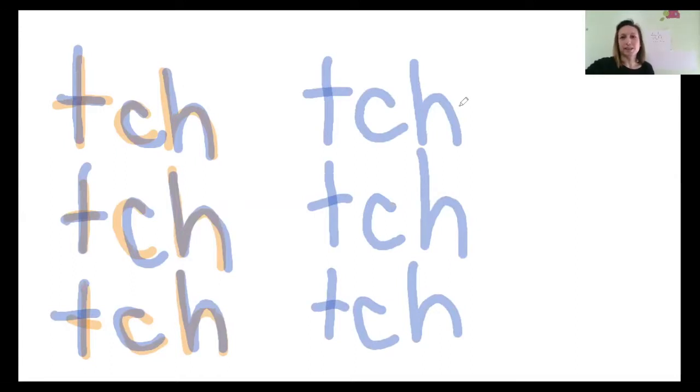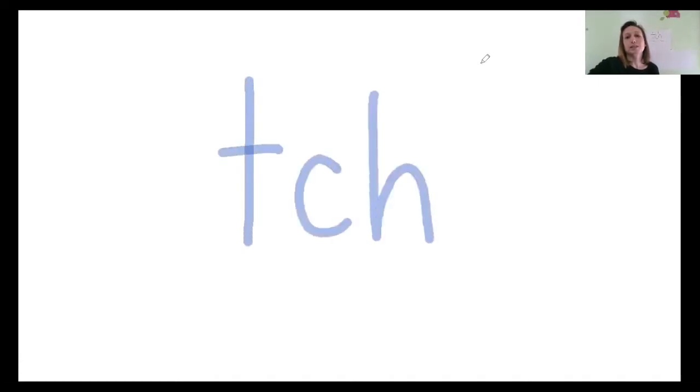And once you've done those, cover up all the TCHs that you've written, or if you're on a whiteboard or something you can erase, go ahead and erase. And we're going to write it again without looking. TCH says ch, right? Long spelling right after short vowel. And you cover that up.